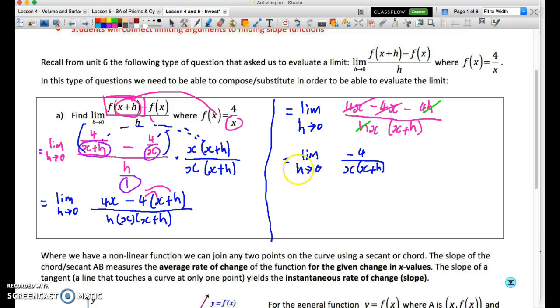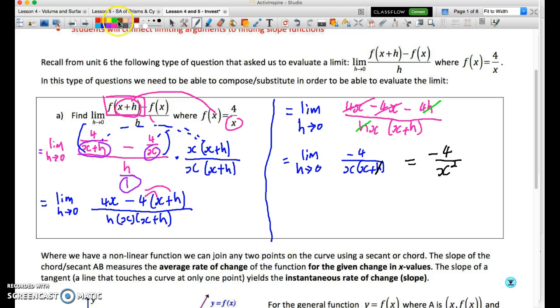As h approaches 0, the value of this term will approach 0, and I can evaluate my limit as minus 4 over x squared. And so that is the answer to the limit of f of x plus h minus f of x over h, where f of x is 4 over x. And what you'll see is that the limit in this particular case is itself a function.